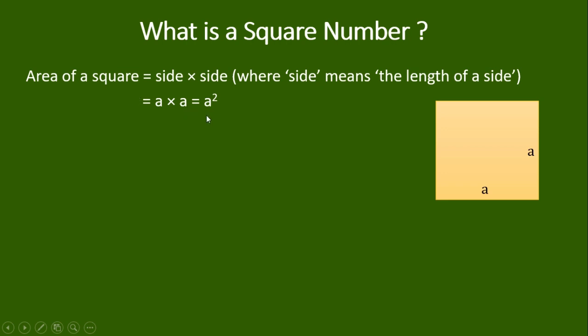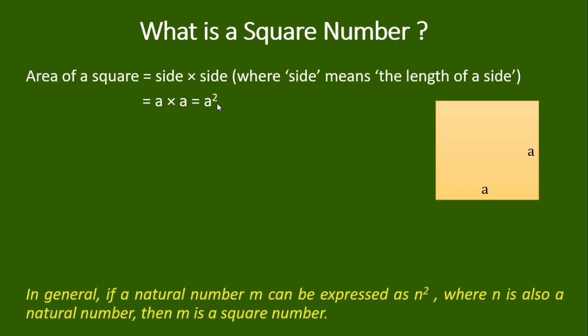So the area of a square is A square, and this A square is termed as a square number. In general, if a natural number m can be expressed as n square, where n is also a natural number, then m is a square number.